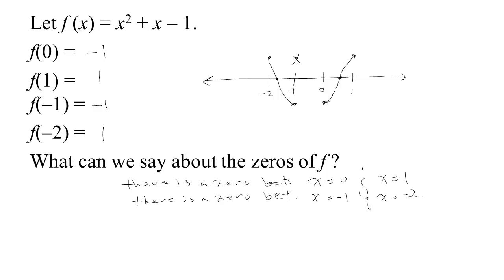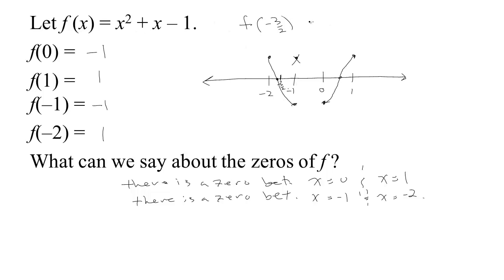So this could help us hunt for the zeros. In fact, we could narrow it down. We could take maybe negative 3/2 and plug it into our function. What is f of negative 3/2? I just picked that as a point between negative 1 and negative 2.